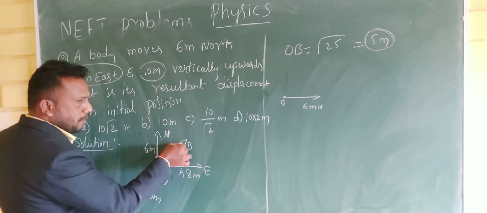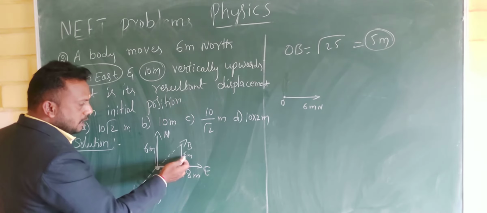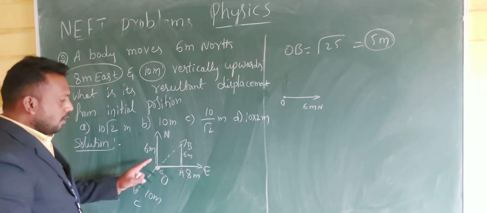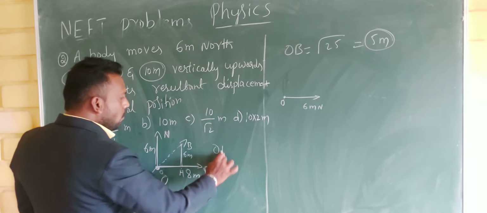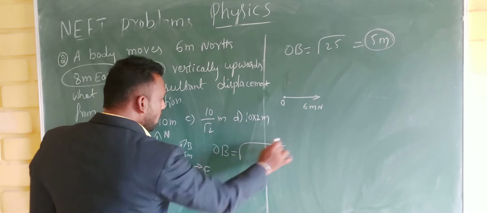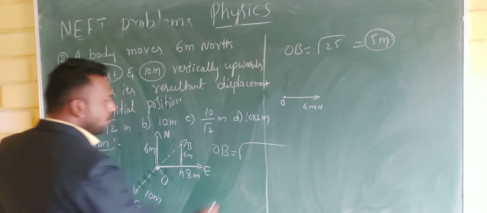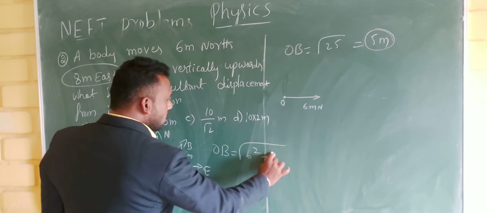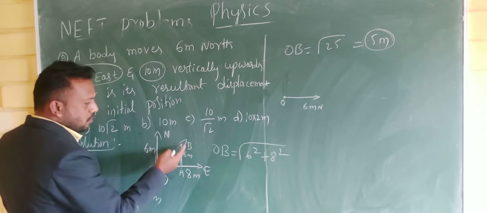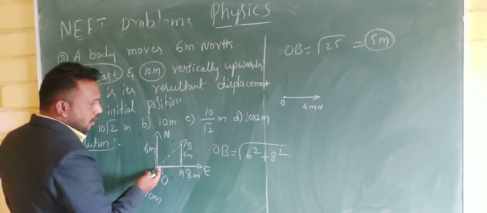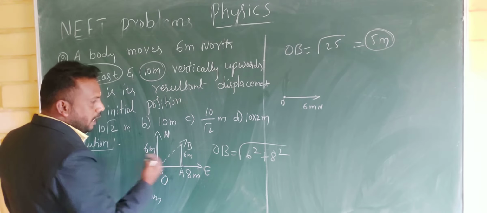Point O to point B, the resultant is how much? 6 meter, 8 meter. OB is equal to the square root of 6 square plus 8 square. 6 square means AB square, 8 square means OA square.